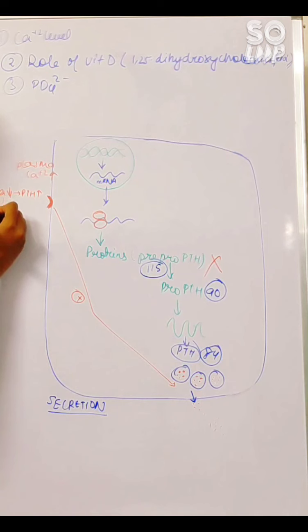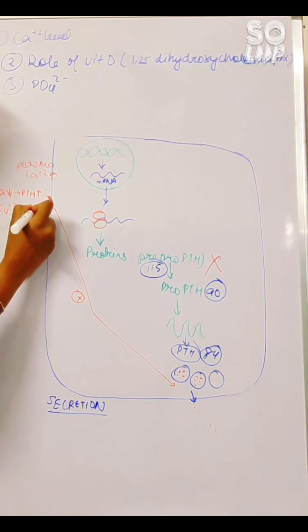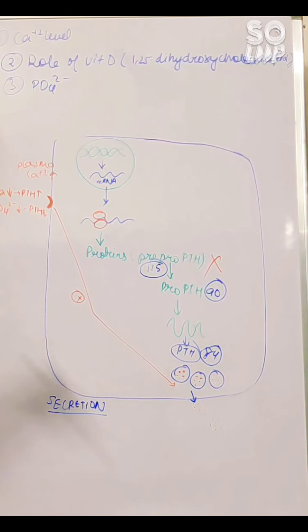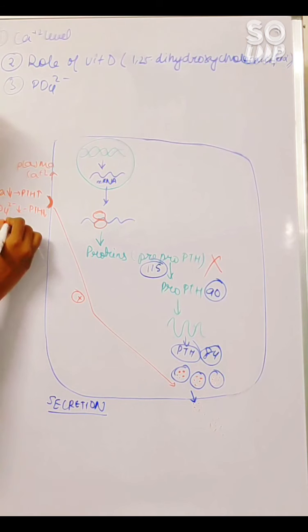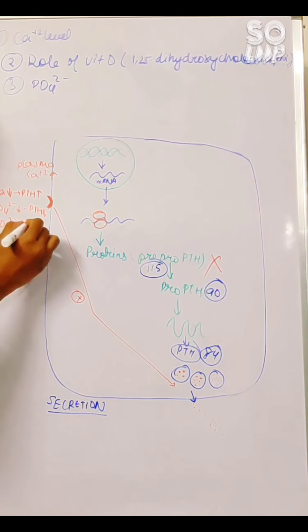But here, when phosphate level is low, PTH secretion doesn't happen. When there is a rise in the phosphate concentration, it will result in PTH secretion.